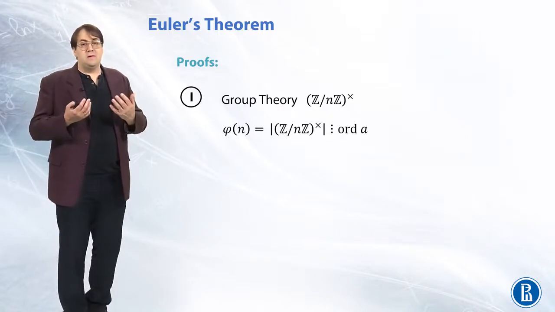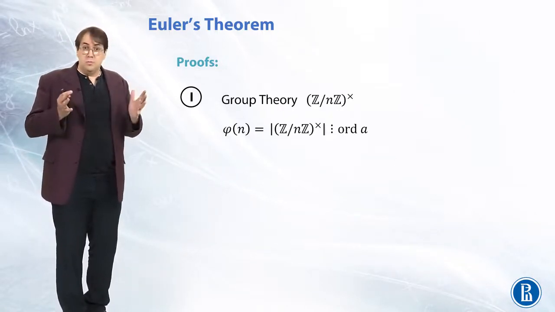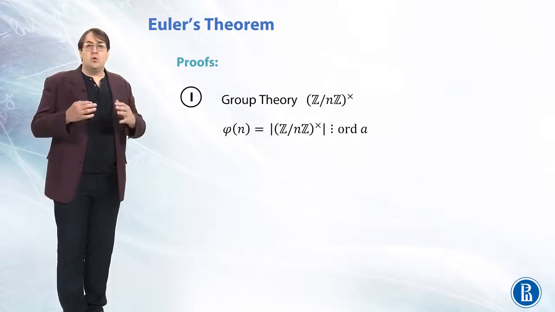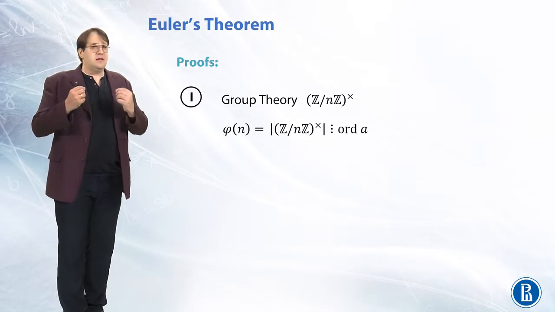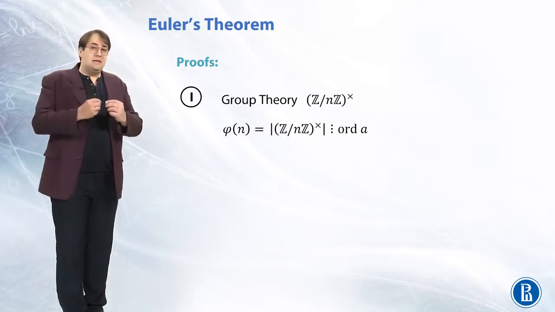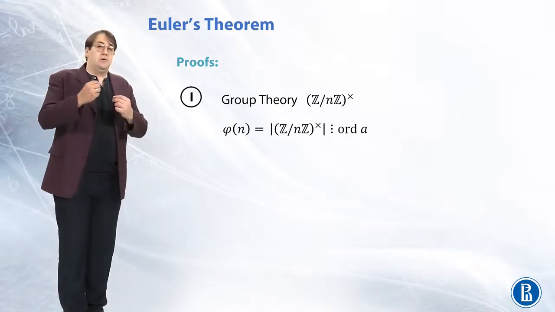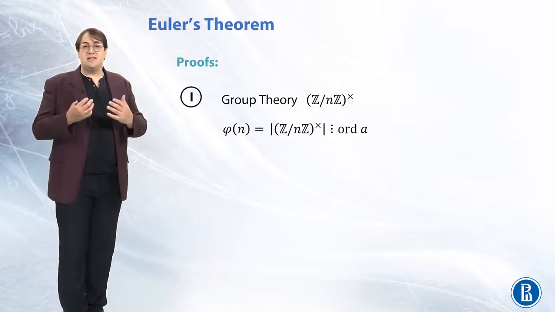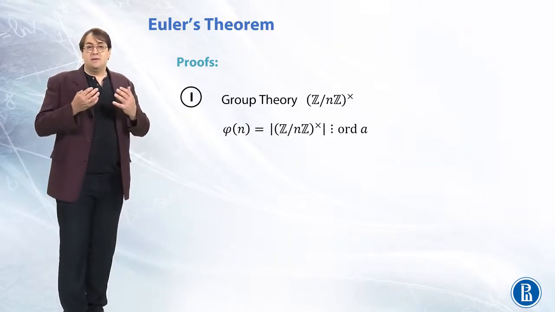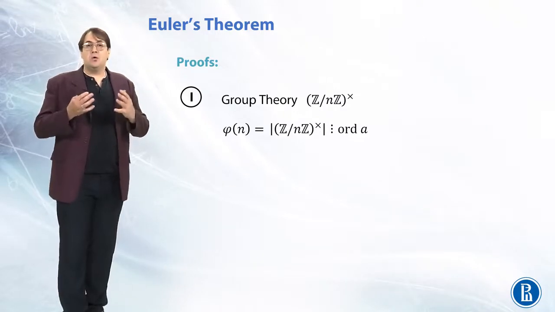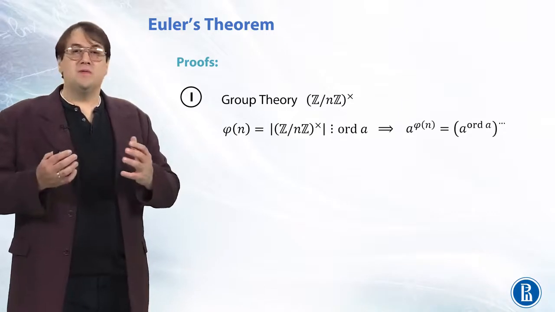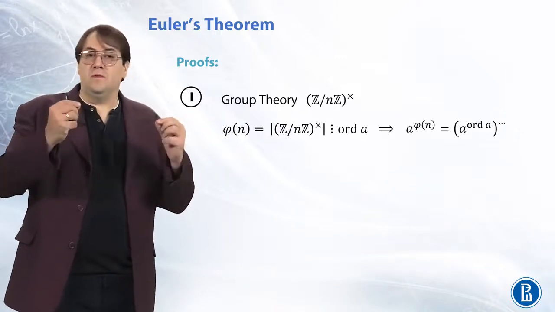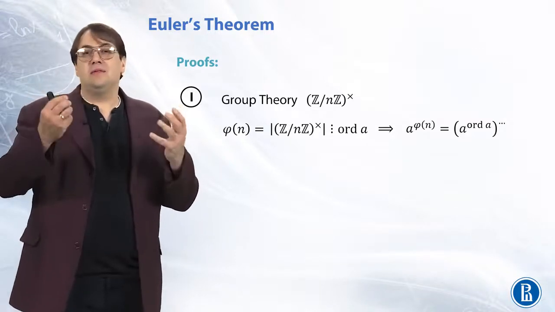As we know from the Lagrange theorem, the order of the group is divisible by the order of any element of this group. Well, let me just remind you that the order of an element is the smallest positive integer such that this element, a in our case, raised to the power order of a, is equal to 1. So it is the smallest positive integer with this property. So a to the power of phi of n is actually equal to a first raised to the power order of a and then raised to some other integer power.